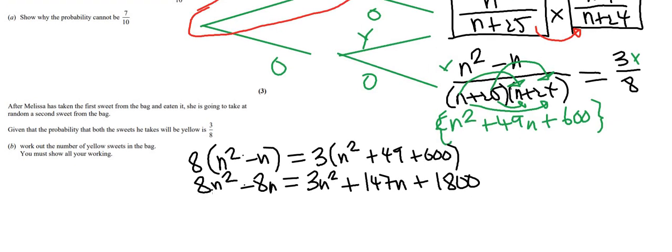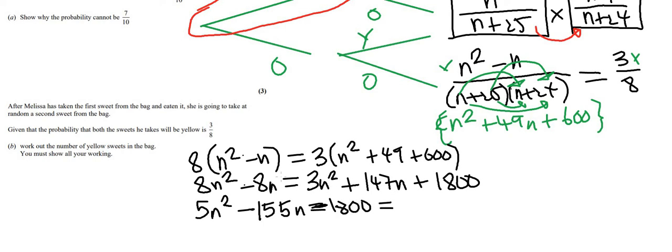We've got 8n squared and 3n squared, so we're going to take away the 3n squared from both sides. That gives us 5n squared. We've got minus 8n and plus 147n, so we subtract 147n, which gives us minus 155n. There's no constant over here, we've got 1800, so we take away 1800.